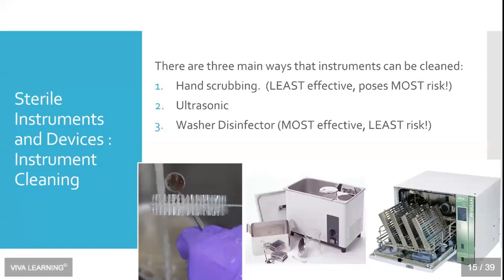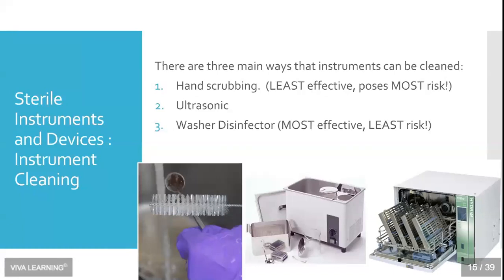Second is an ultrasonic, and an ultrasonic is a countertop type of device for cleaning instruments. Most offices and most facilities, especially in the United States, use an ultrasonic for instrument cleaning. Third is a washer disinfector, an instrument washer, or it can be a washer slash disinfector.